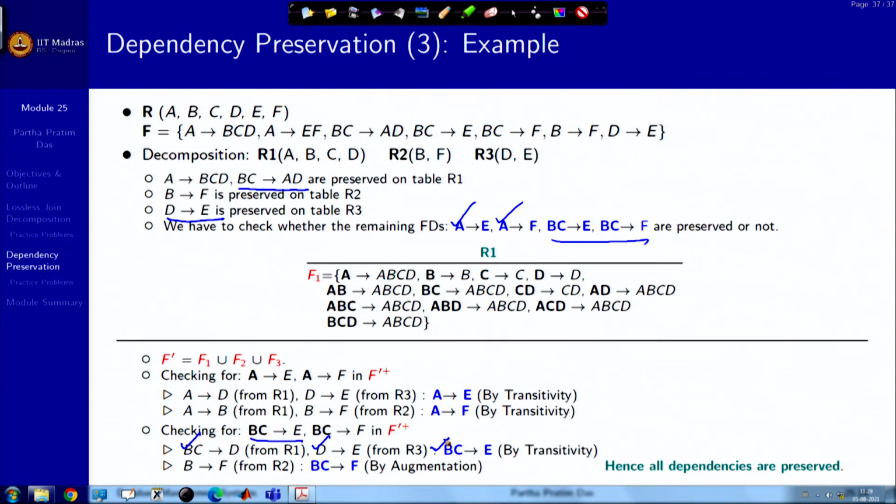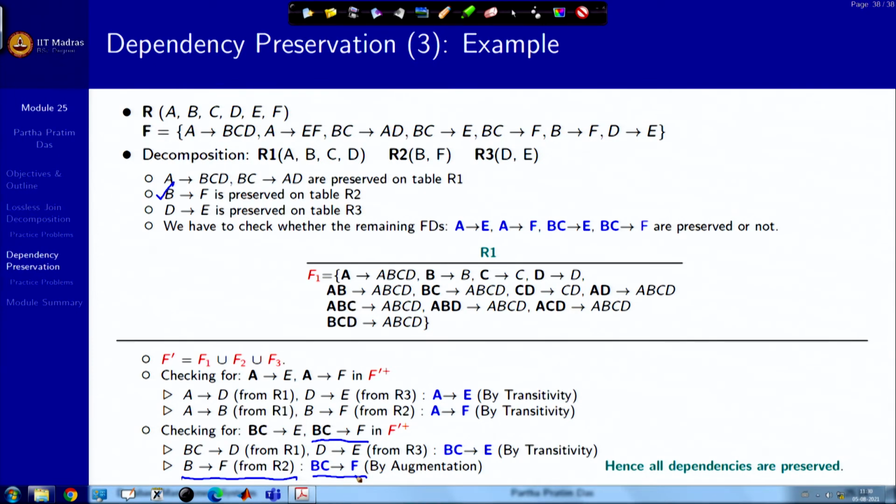The machine will work through the algorithm, but this is how we are doing it by observation to understand how the preservation is happening, even though these dependencies may have attributes distributed over two or more different decomposed relational schemas. The last one left is BC determines F. Now, you have B determines F in R2. If B determines F, by augmentation BC determines F.